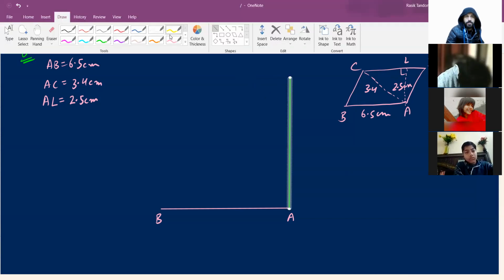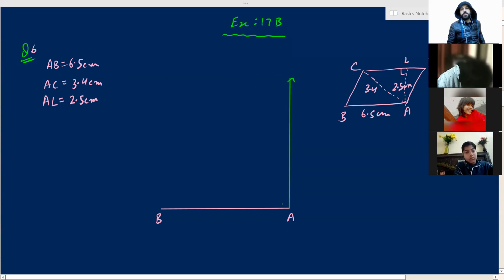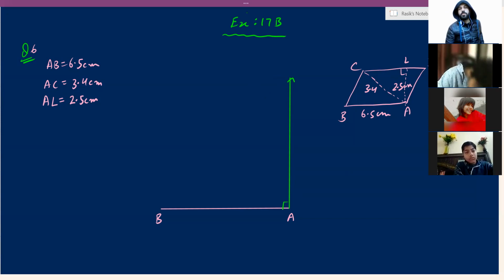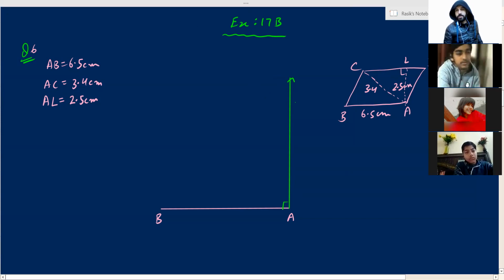Okay, everyone. So this angle is 90 degrees. What is the length of the perpendicular given? 2.5 centimeters. So from vertex A, cut an arc at a distance of 2.5. It will be something like this.